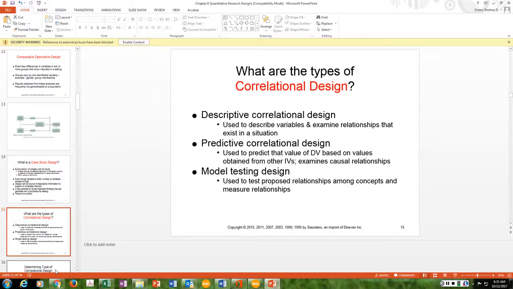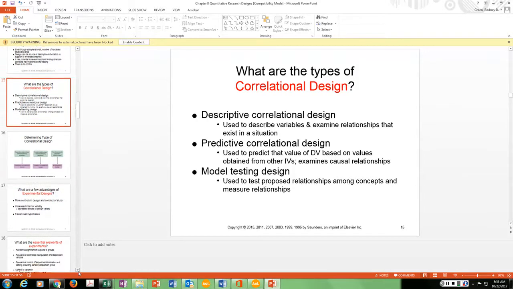The predictive correlational design is used to predict the value of a dependent variable based on values obtained from the other independent variables. And it's looking at causal relationships. Model testing design is used to test proposed relationships among concepts and then measure their relationships. How much does one concept contribute to the other?